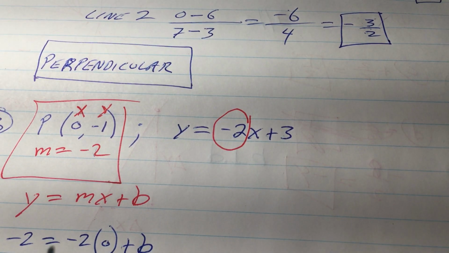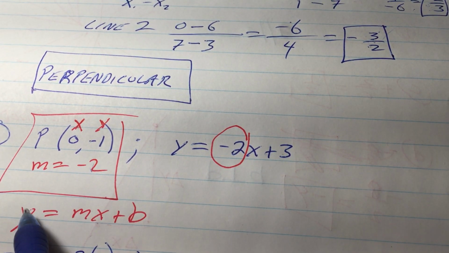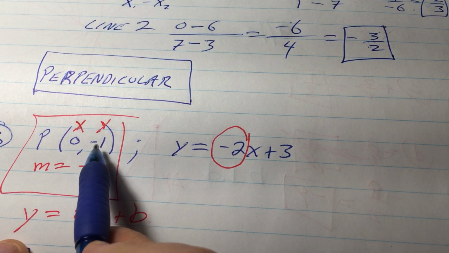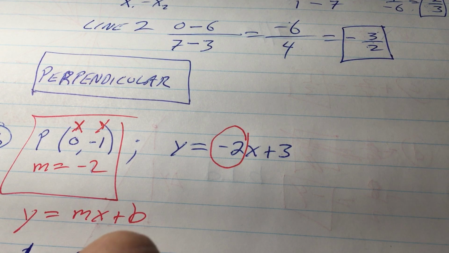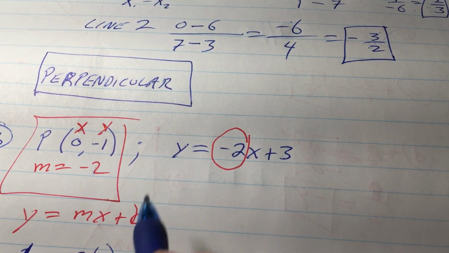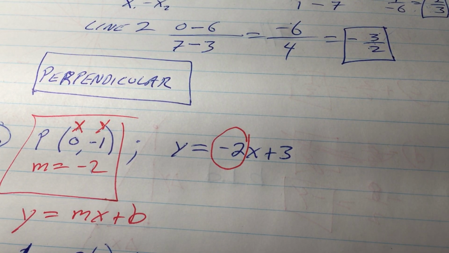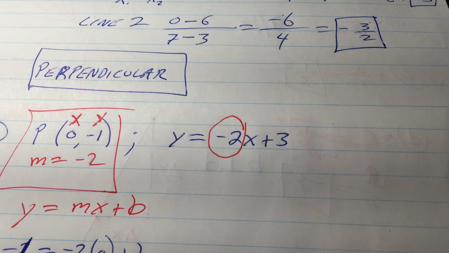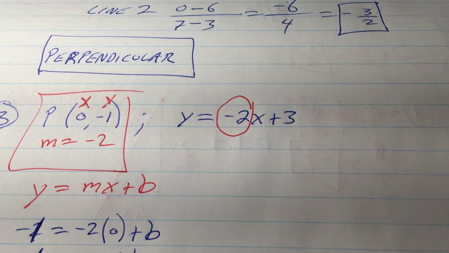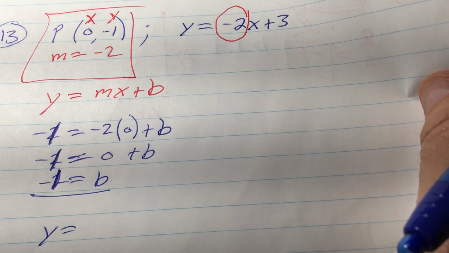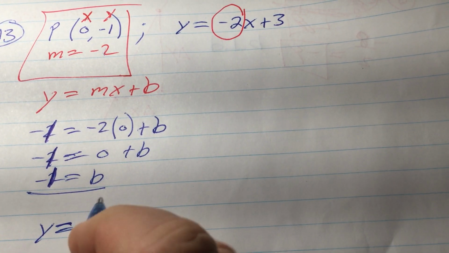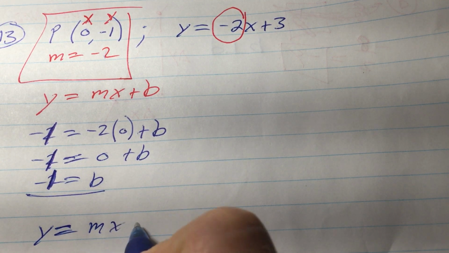What did I do here? Are you kidding me? Y is a negative 1. So to go through this whole mess again, B is negative 1. So the equation, y equals mx plus b.